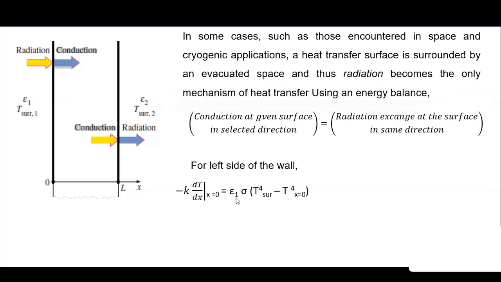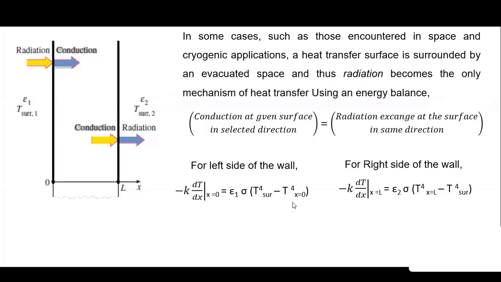From that we can write epsilon 1, the emissivity of this surface, times sigma times T surrounding raised to power 4, where T surrounding is the temperature from which these radiations are coming to the surface, minus the temperature of the surface at x equal to 0.